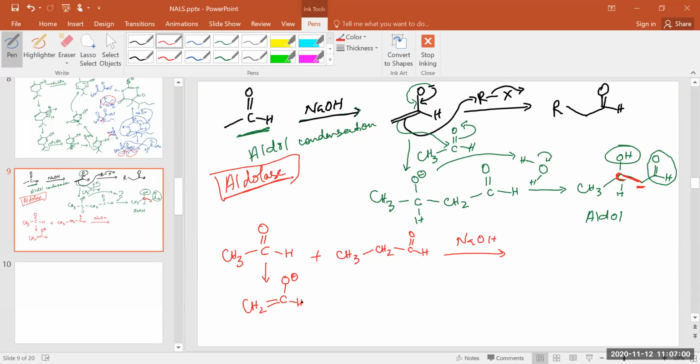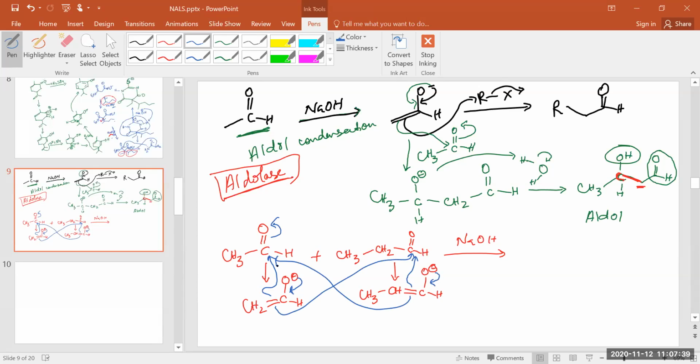You see, this can also form an enolate under basic condition. So now what can happen? This can react with itself, that we saw earlier. This can also react with this because of the mixture. And this can react with itself, or this can react with this, like this.